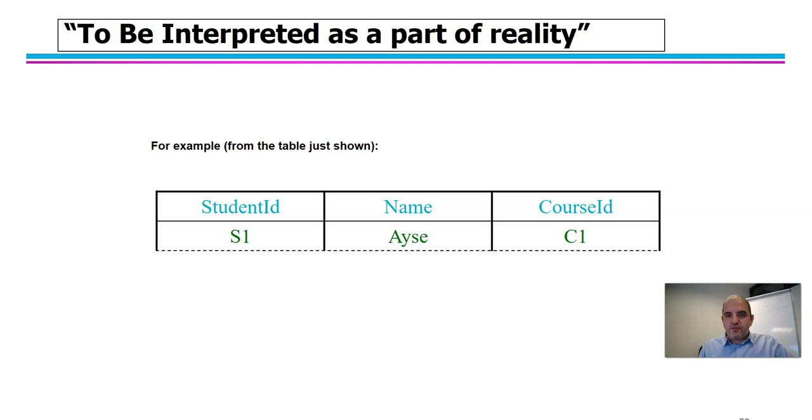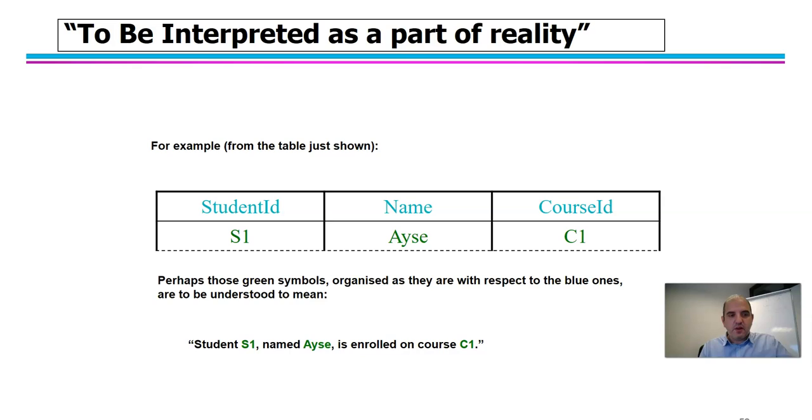Interpreted as a part of reality: here it means each row in a table shows a part of reality. You can build a sentence out of it, and this sentence means something in the real world. For example, this is a table for enrollment, enrollment of a student to a course, okay?